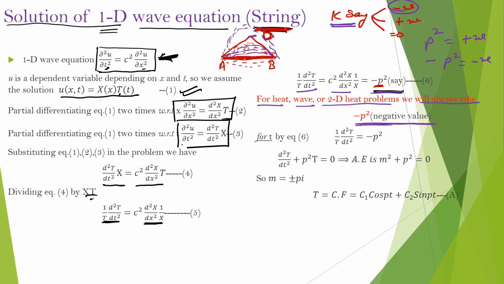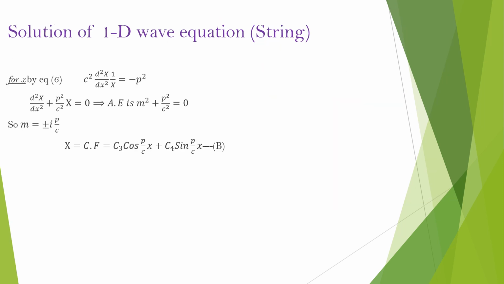Now for solving (1/T)(d²T/dt²) = -p², by solving this equation we have the auxiliary equation m² + p² = 0. So the CF, or the value of T, is equal to C1 cos pt + C2 sin pt. Now we solve for the second value, c² (d²X/dx²)(1/X) = -p².